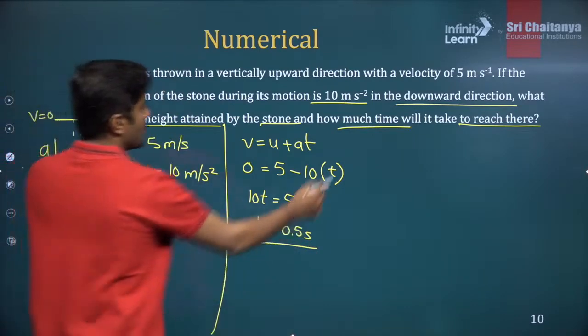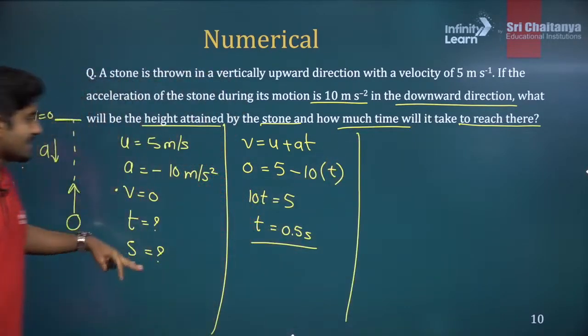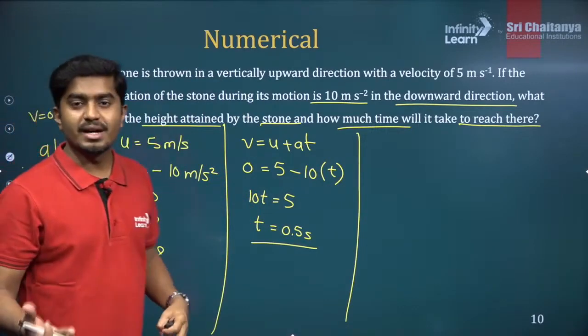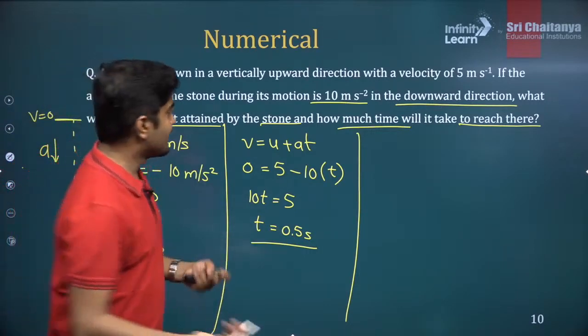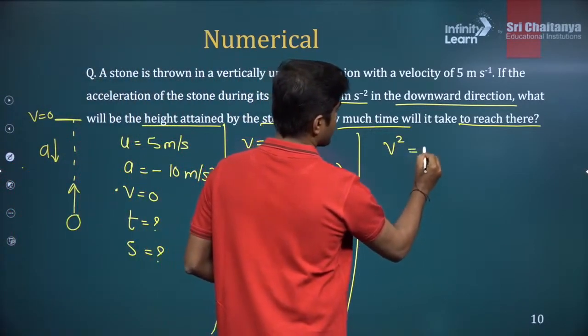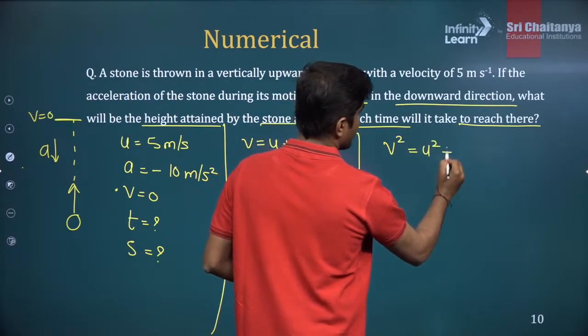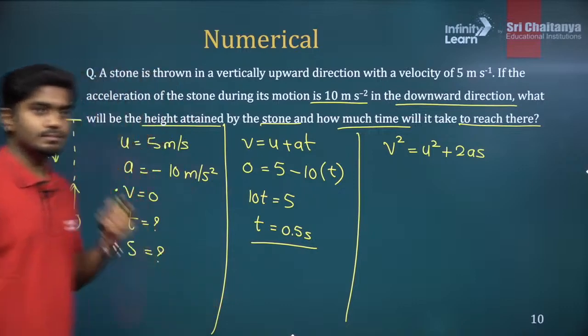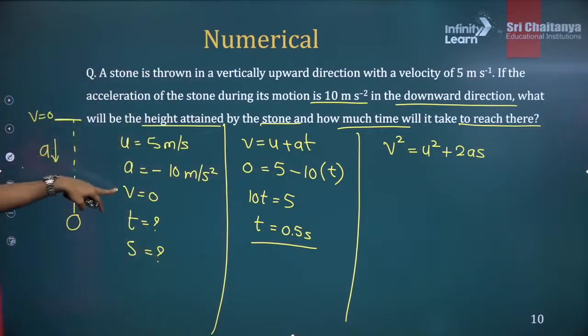Now we want to calculate the distance. How will you find out the distance? We can use the third equation. You can use any equation, second or third. Let's use the third equation. V square is equal to U square plus 2 times A into S. V is 0.